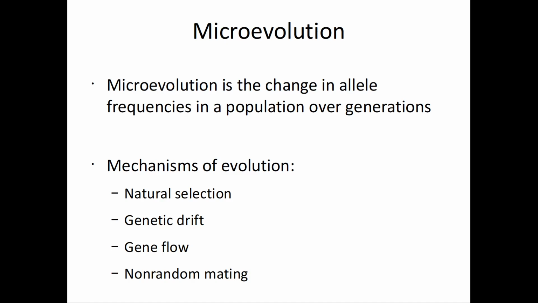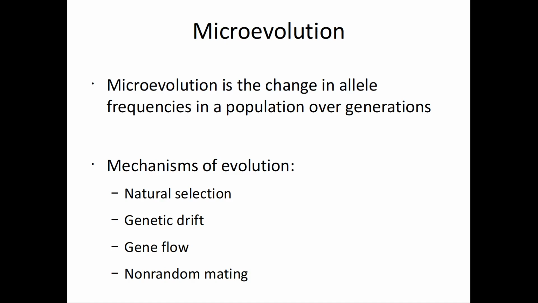All right, so in the last chapter, we talked a lot about populations evolving and what evolution was, the forces involved. I introduce you to a term here, which is microevolution, and that's the change in allele frequencies.